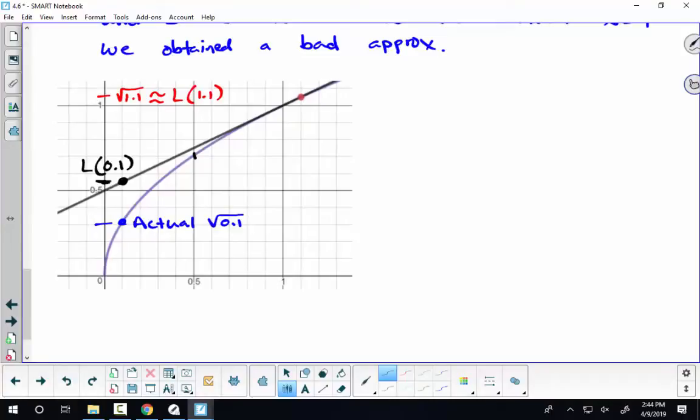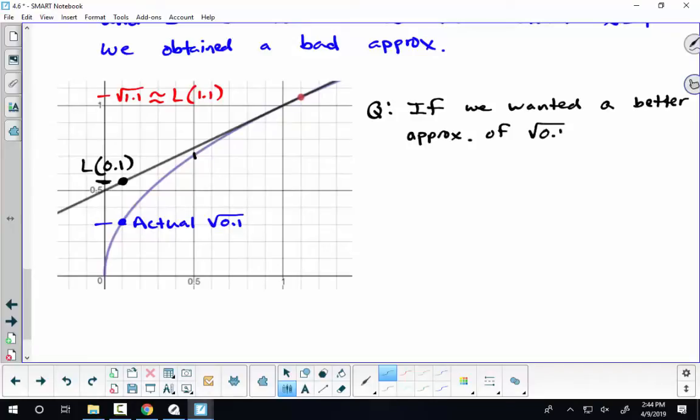So how could we remedy that if we wanted a better approximation of the square root of 0.1?